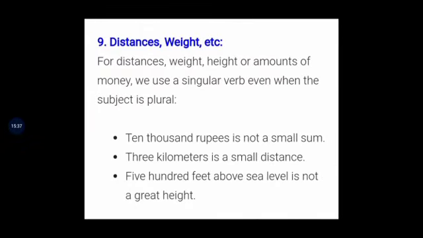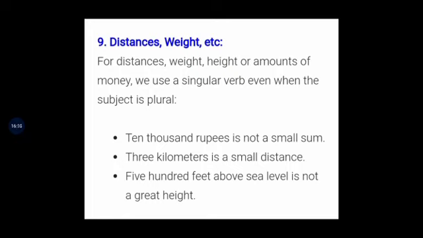Rule number 9. Distances, weight, etc. For distances, weight, height, or amounts of money, we use a singular verb even when the subject is plural. Whenever distances, weight, height, amounts of money are there, we use the singular form of the verb even when the subject is plural. 10,000 rupees is not a small sum.